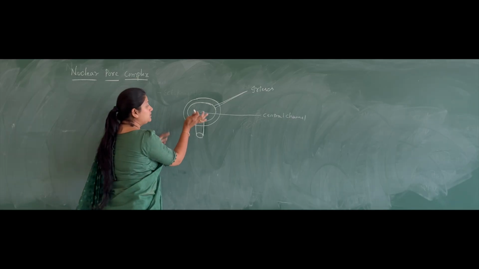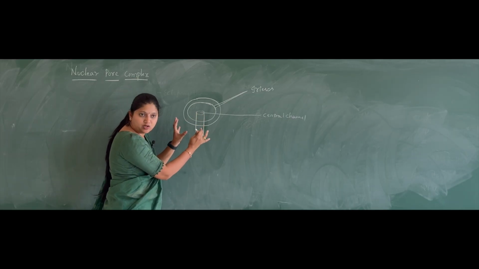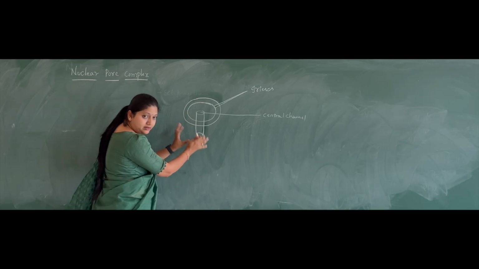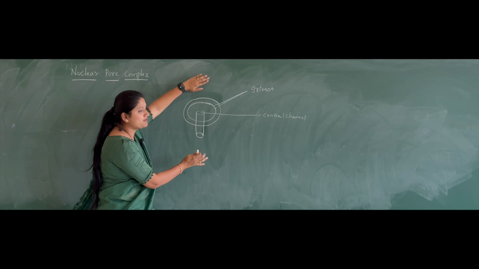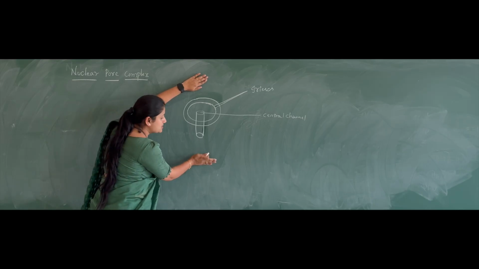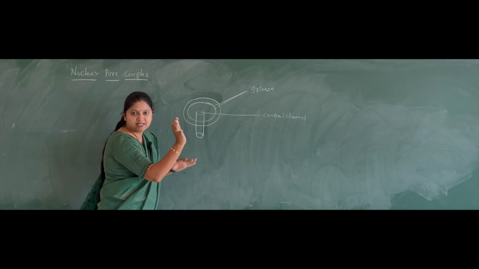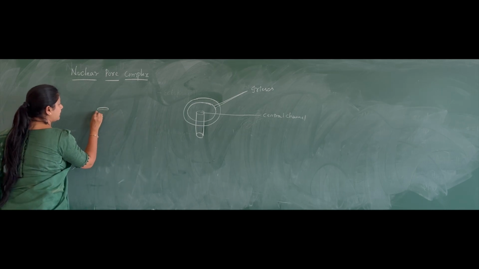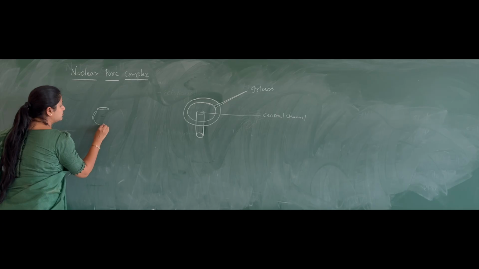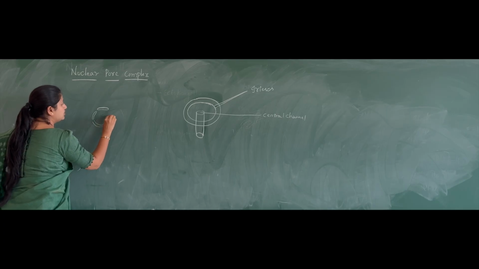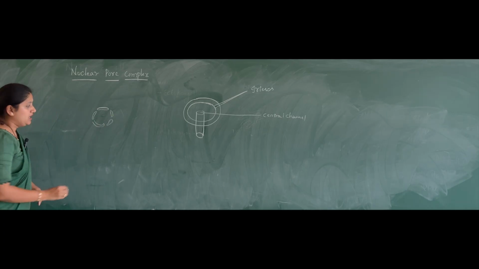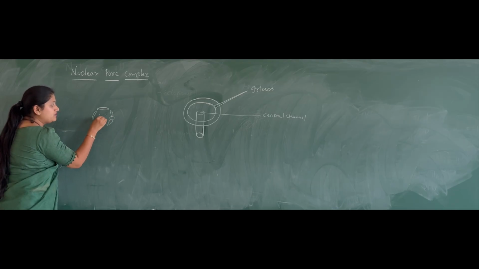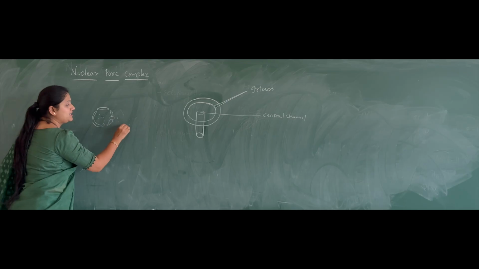Now, this is the core complex of the nuclear pore. Surrounding this core, we have two sides, the side of the cytoplasm and the side of the nucleoplasm. If this is a nuclear membrane and this is a pore present here, then this is the side of the nucleoplasm and this is the side of the cytoplasm.